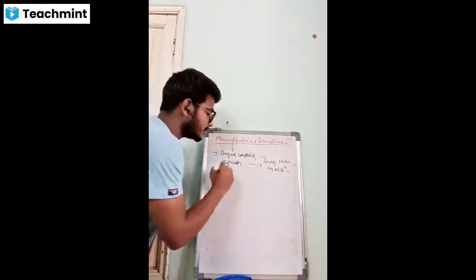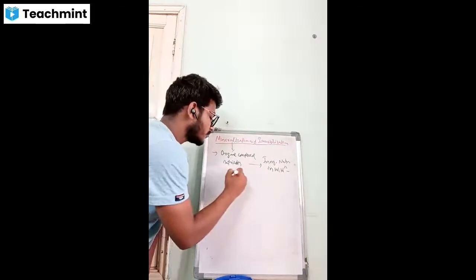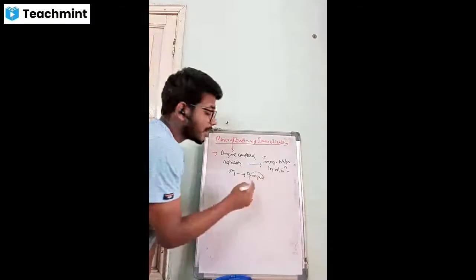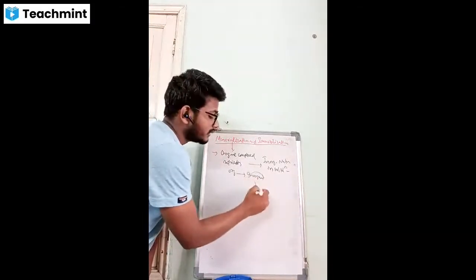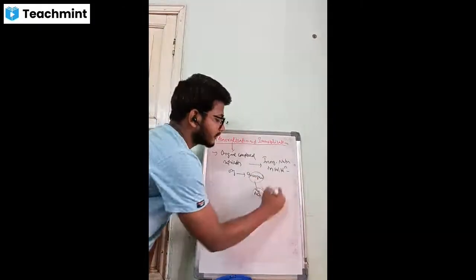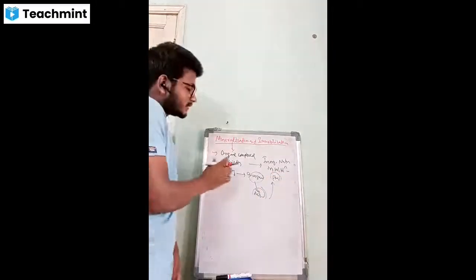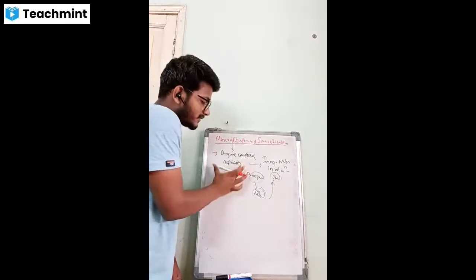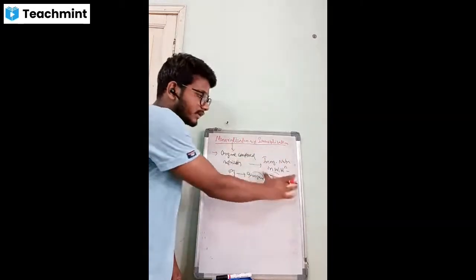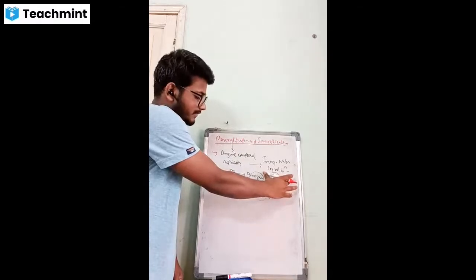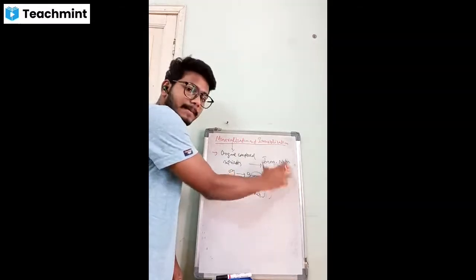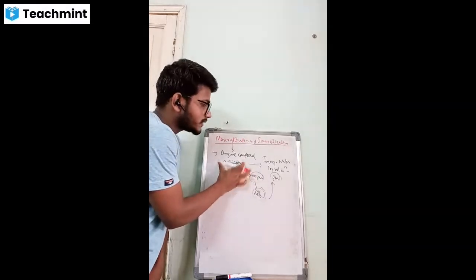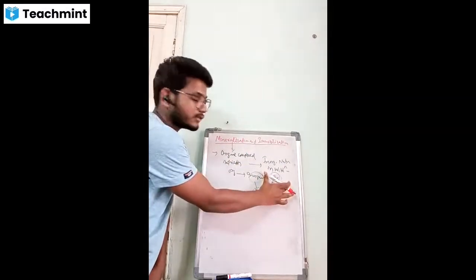It is nothing but the conversion of organic to inorganic, because our plants take inorganic nutrients. So the organic complex nutrients are converted to inorganic nutrients, which are available to the plant.